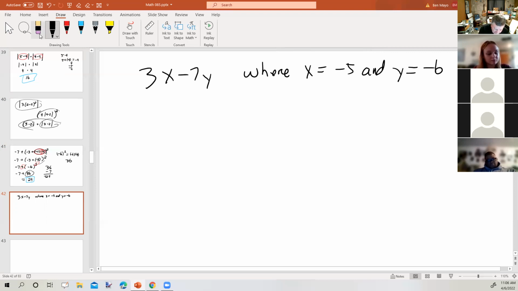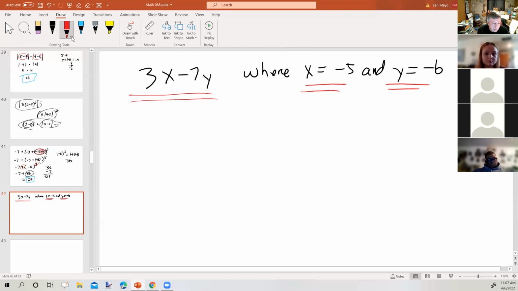We have this algebraic expression, meaning it has at least one variable. It has two variables, x and y. But we're told the numerical value of each variable. So we're going to replace x with negative 5, and we're going to replace y with negative 6.